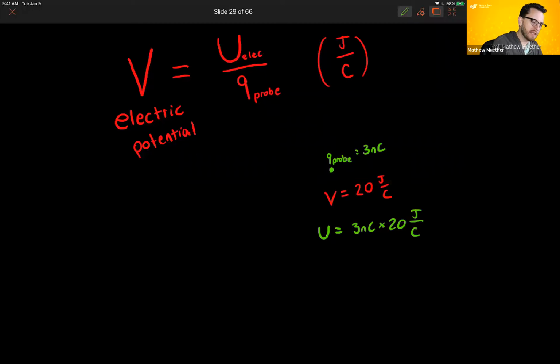And if I had doubled this charge, notice that the amount of potential energy in the system doubles. So it's just telling me the amount of potential energy that I'm going to gain if I drop a coulomb of charge at a specific point in space. That's what this electric potential is telling me.